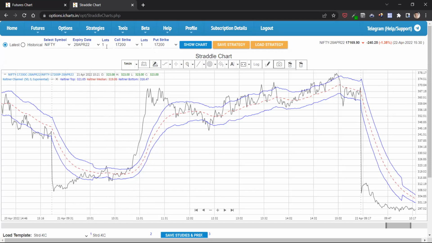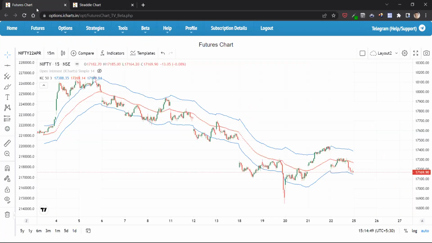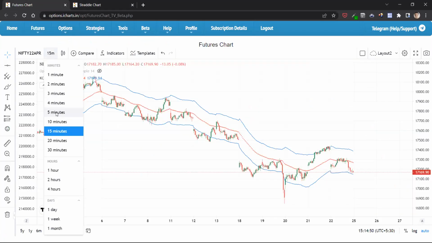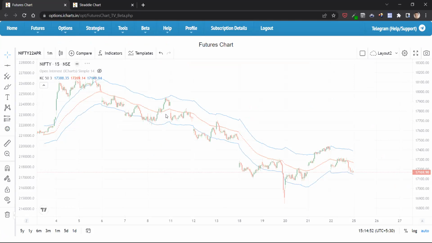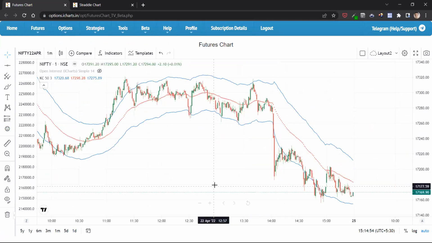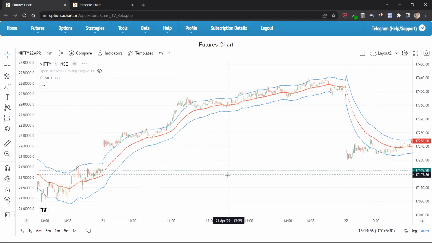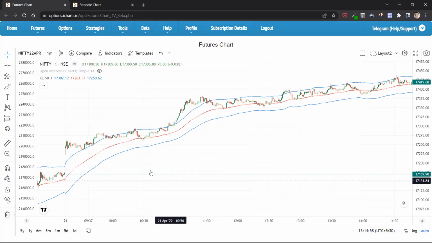whichever side, if the price is going up, then one way of doing it is you could add lots. Now here, let me check. This was 21st in the morning around 10:20. Futures chart. 21st morning.